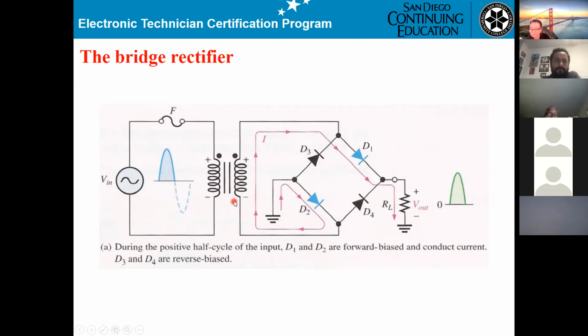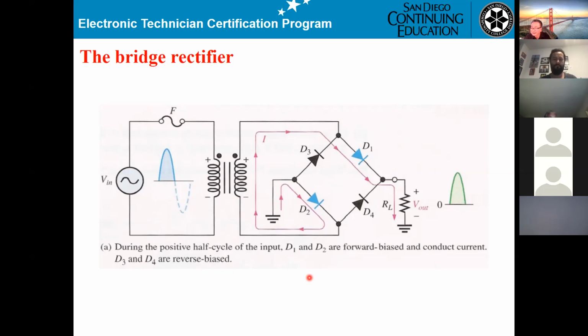Okay. So what people could be asking you on this circuitry is the name of the circuit. That means you have to say bridge rectifier. The second thing is the output will be a full wave rectified circuit, right?